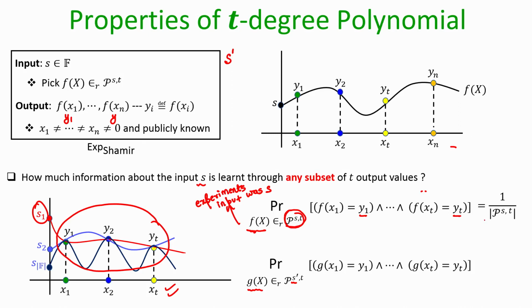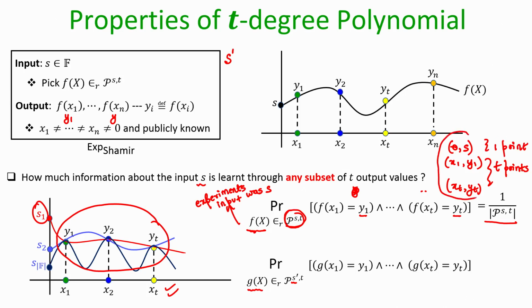My claim is that this probability is 1 over the cardinality of the set of t degree polynomials whose constant term is s. This is because (x1, y1) up to (xt, yt) are t points, and now if you add (0, s) also, you get one more point.